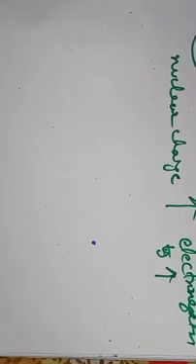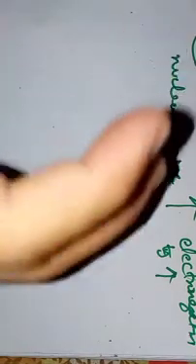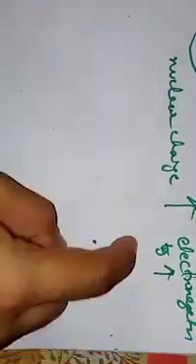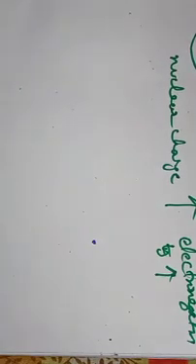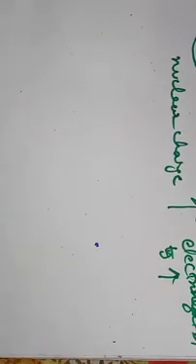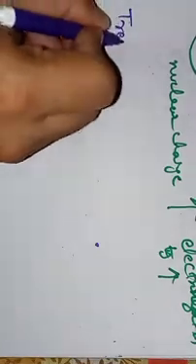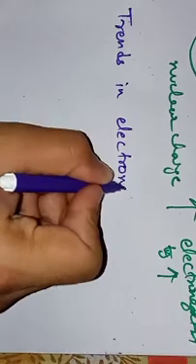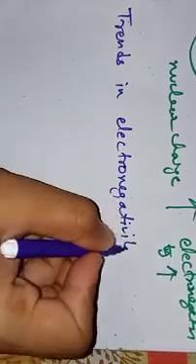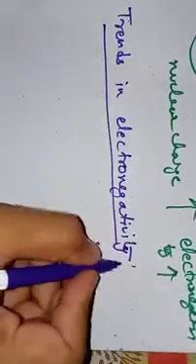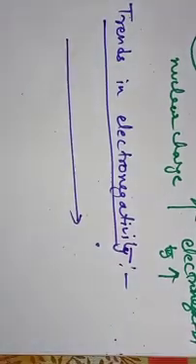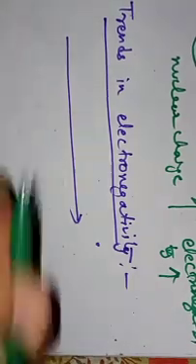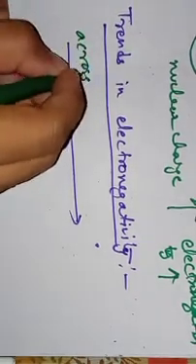Now let us discuss the trends and variations in electronegativity of elements when we move across a period and down a group. First, let us take across a period.